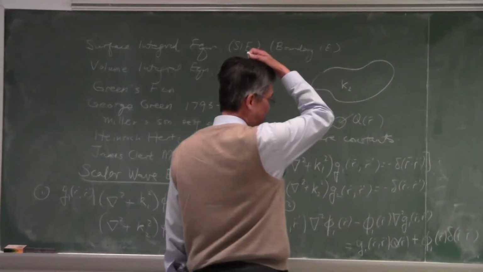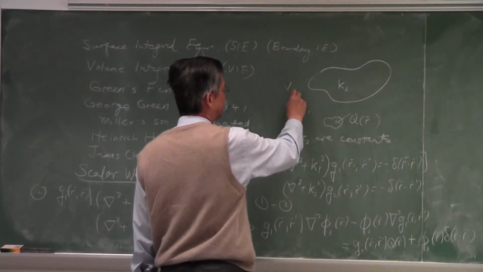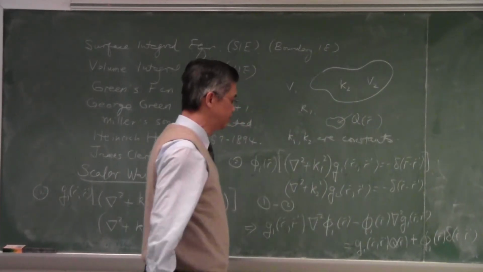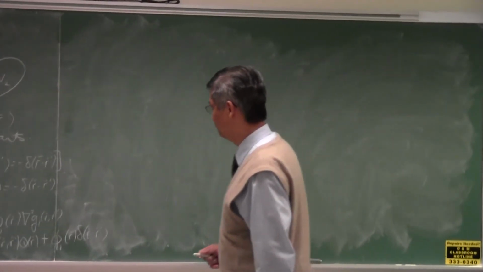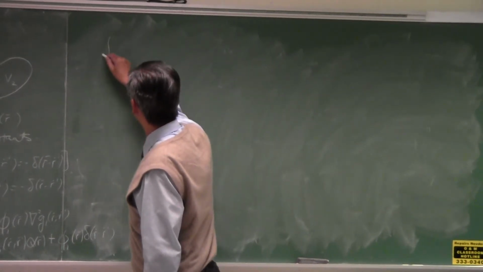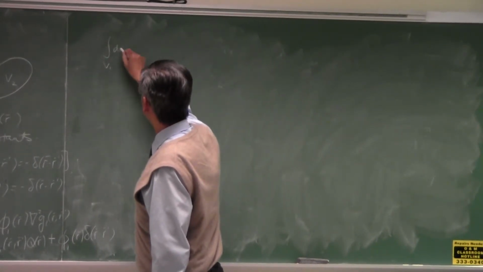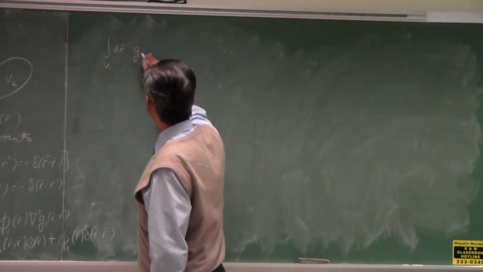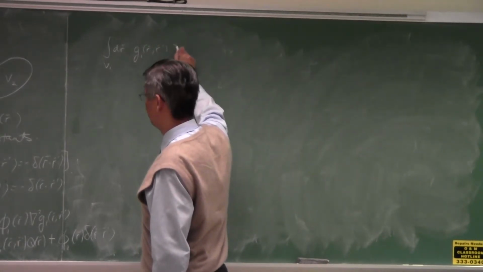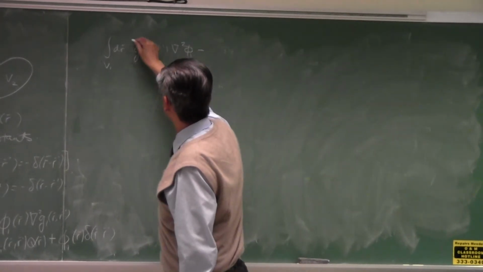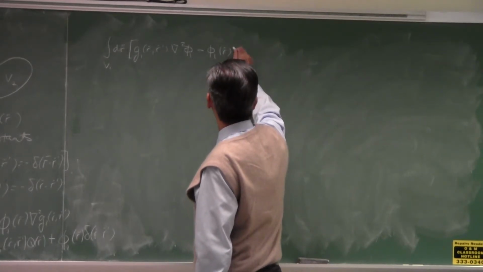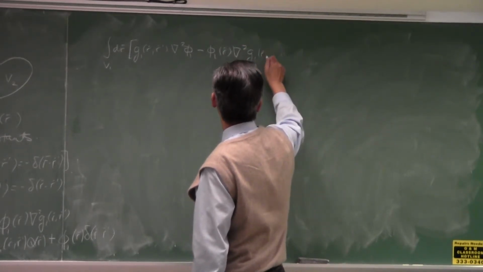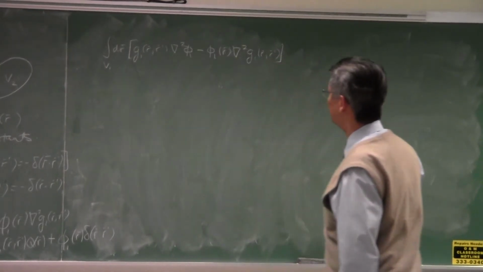We integrate, very good. We integrate over, first over V1. Let's call the outside volume V1, the inside volume V2. So if we integrate over V1, then what we get is the integral dR of G1(R') Laplacian phi1 minus phi1(R) Laplacian G1(R') on the left hand side.